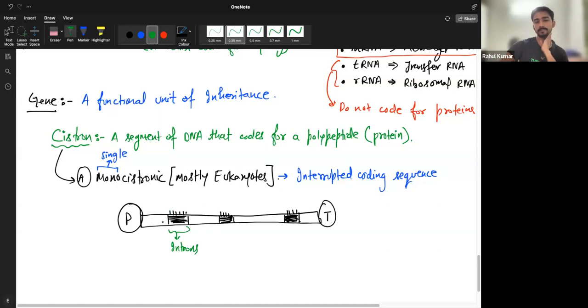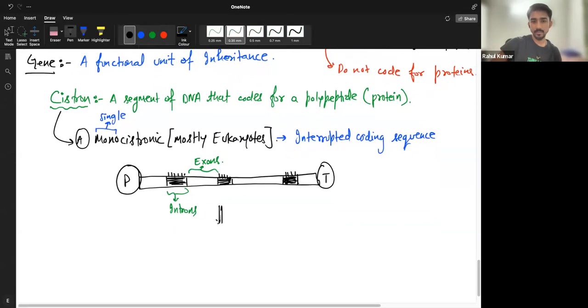They interrupt. And the sequences which are required are called exons. So exons and introns.